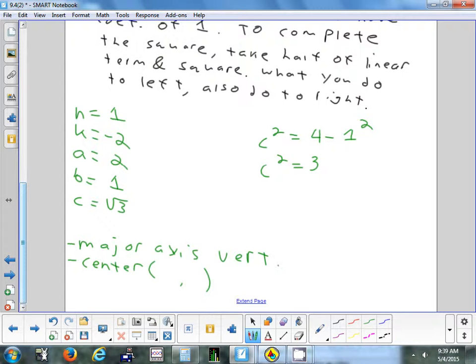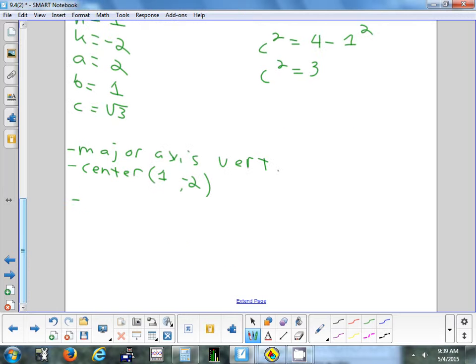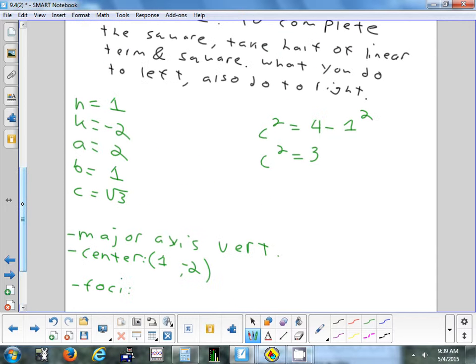So let's find our center. Brandon, what's my center? (1, -2). Good, (1, -2). Okay, foci. We're going to be above and below the center because the major axis is vertical.